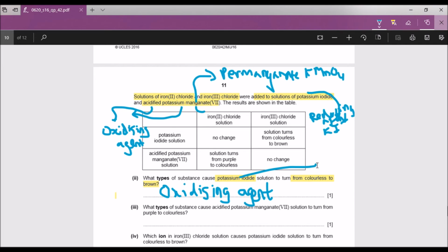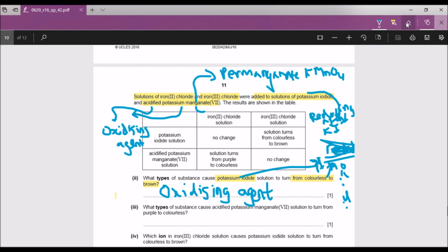because I believe it forms iodine as a result. No, I'm sorry, it gets oxidized. That's a mistake, I realized that. Hang on, let me just clear that.